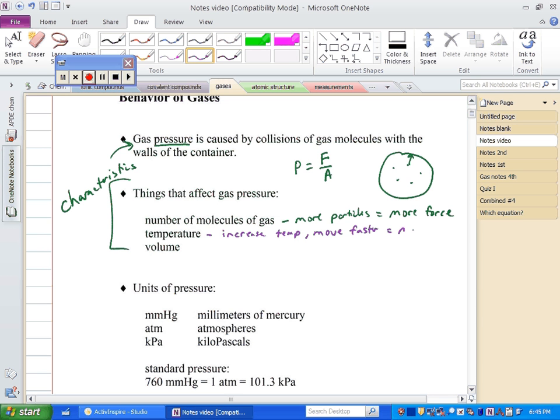If you increase the temperature, the particles would move faster, so you would get more force.